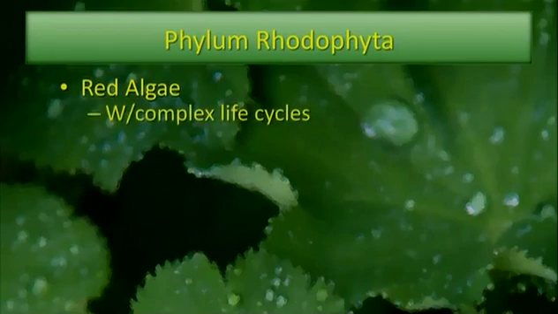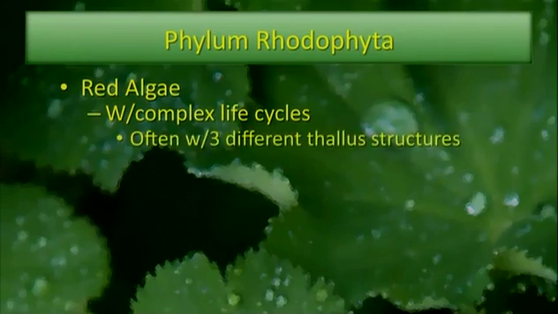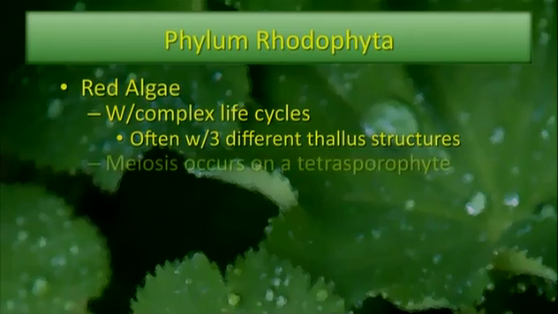So red algae have complex life cycles. They oftentimes have 3 different thallus structures. You remember thallus? Thallus is the body of the alga, not differentiated into root, stem, and leaf like in the flowering plants or the land plants. So meiosis occurs on a plant called a tetrasporophyte.